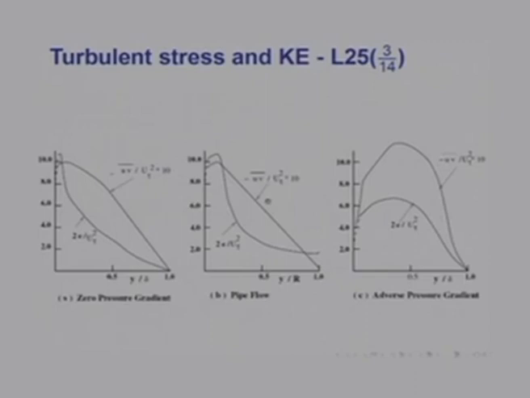The total stress remains constant in the inner part of the layer, and that is what we found. That was the assumption we made in developing the u plus y plus relationships, and they were found to be quite good up to 100, but not beyond, let us say 200 in some cases, 300 or 700 in other cases.